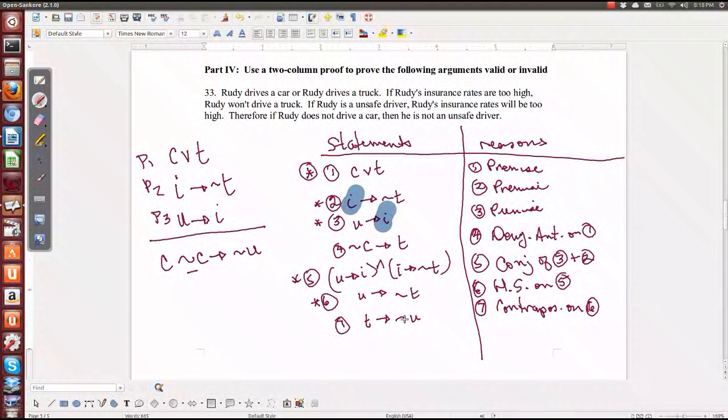And this term goes very, very well with step 4 because those T's match.